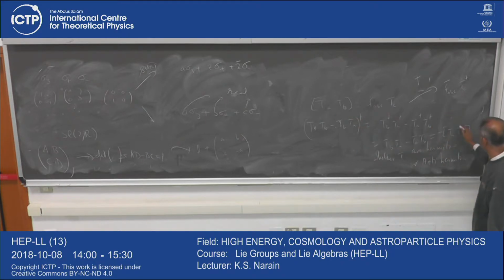So this is telling me this is nothing else but minus F_ABC TC. So we have this equality, and you see from this, if the F's were real, then TC must be anti-Hermitian, right? Whereas if F is pure imaginary, then the bar will give you a minus sign, this cancels, and you just get TC dagger equal to TC.